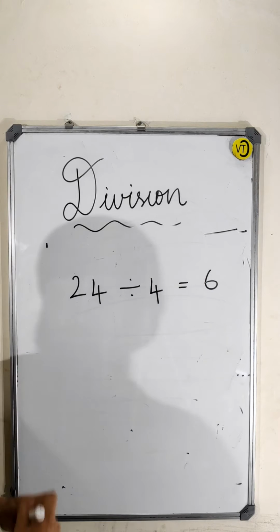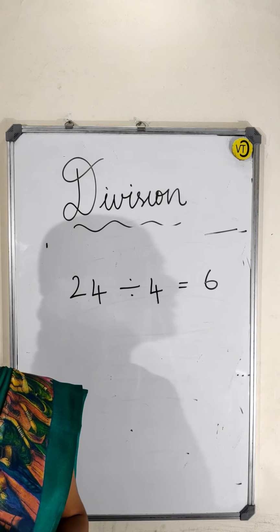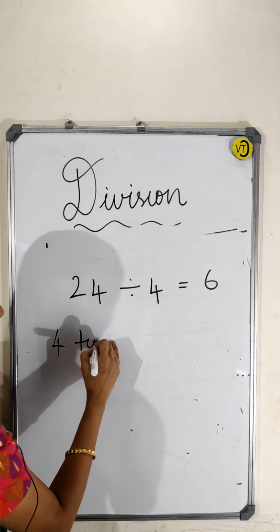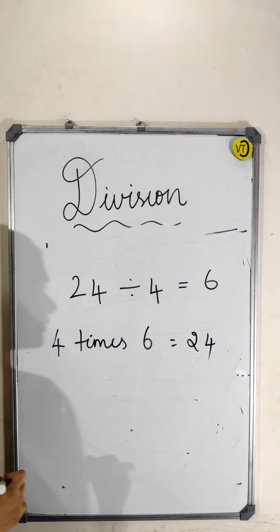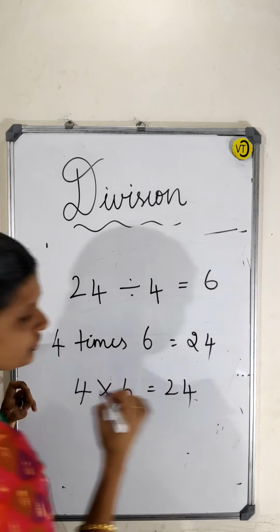Yes. So I can write, we know multiplication as putting together equal groups. So 4 times 6 is equal to 24. Okay, otherwise 4 into 6 is equal to 24.